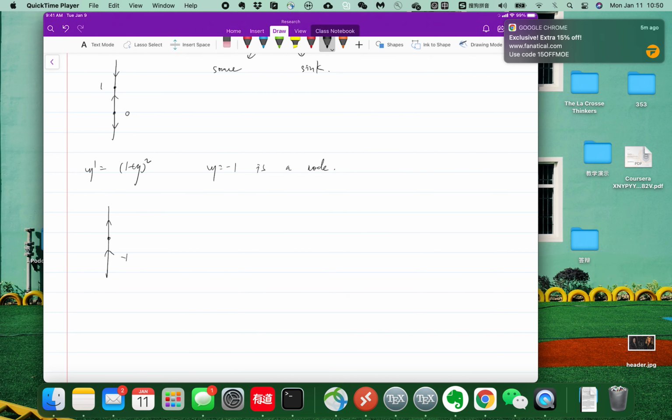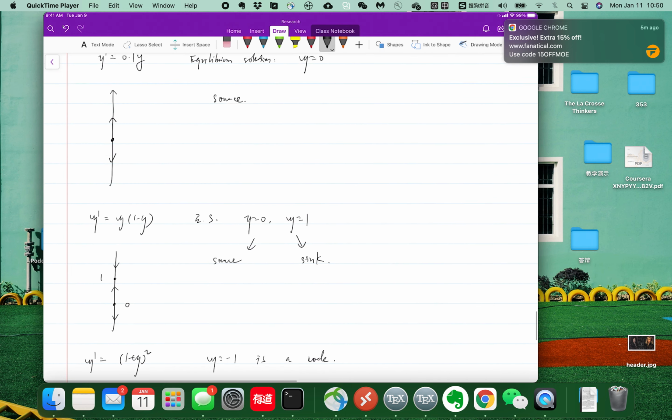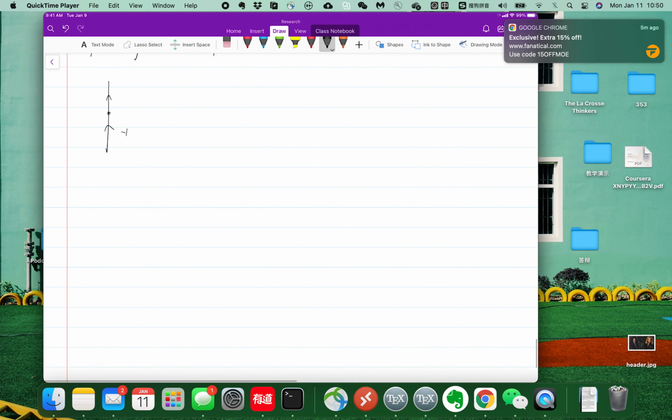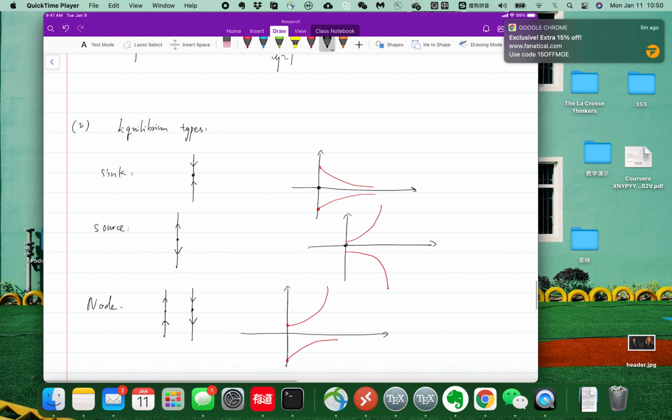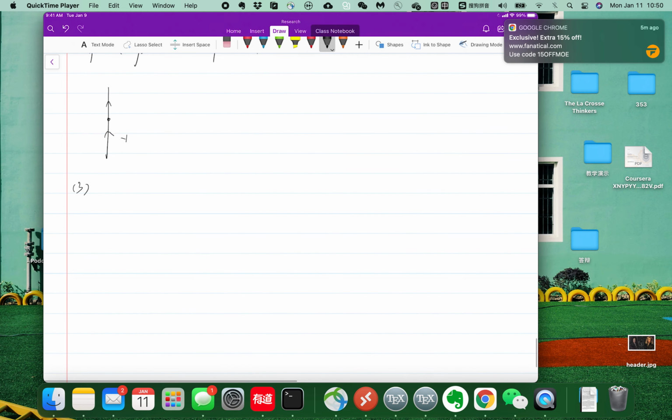Of course, we have another quicker way to do this. Maybe quicker. Okay. So I will just write down. It's called linearization. Linearization theorem.